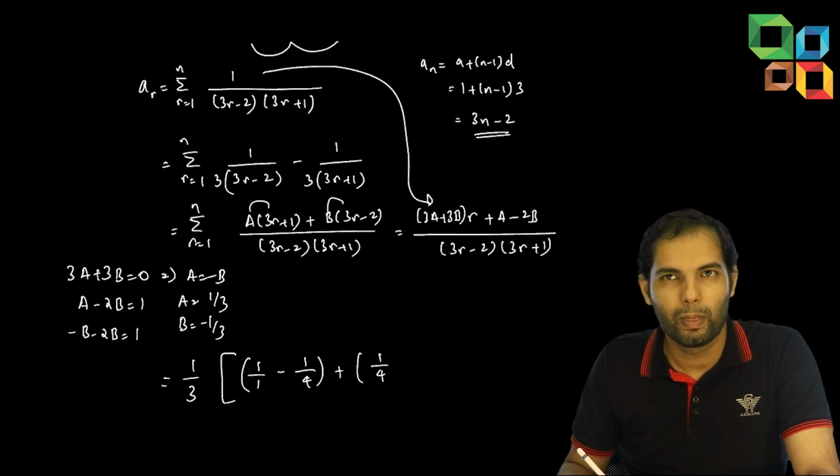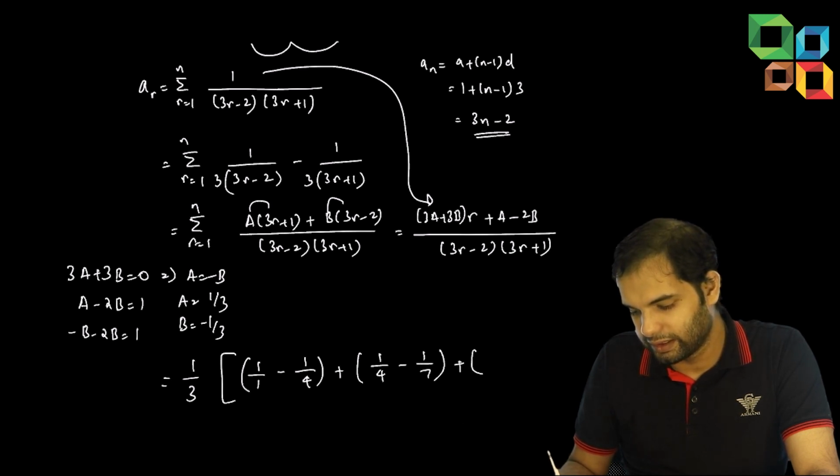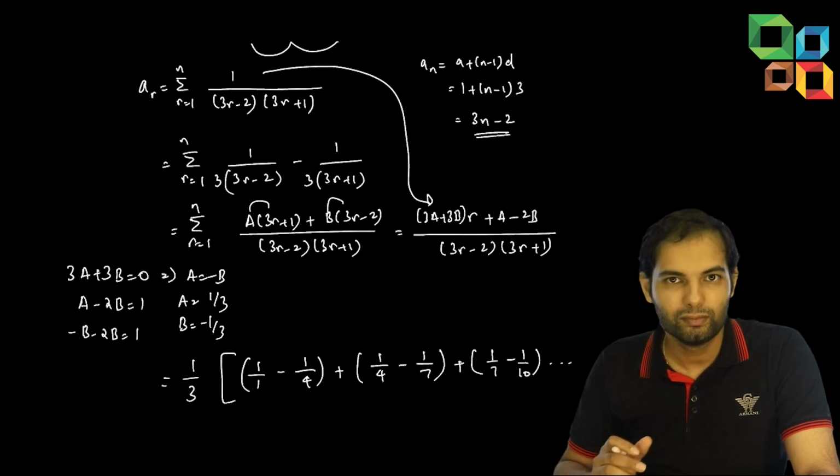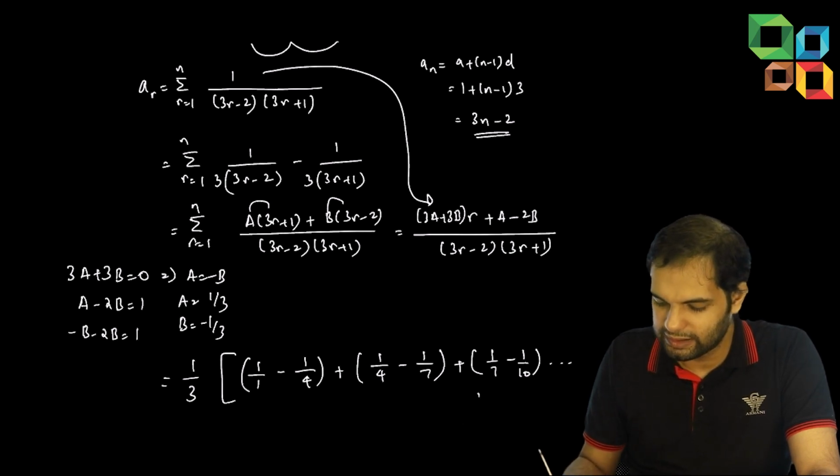Fine, because you can check, it's 6 minus 2. When r is 2 itself, this is 1 by 7. So I think you could guess the next term: 1 by 7, then 1 by 10, and so on. Again, you have to check at the end, and you can take the last term itself.